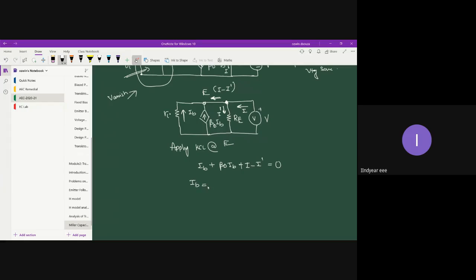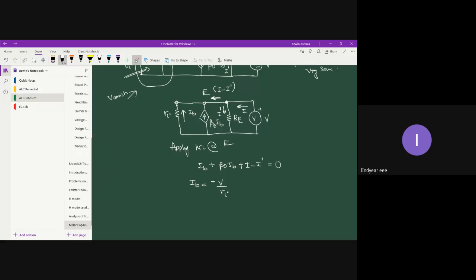But the expression for IB is already known. Expression for IB is basically V divided by Ri, and there's a negative sign, because the voltage across beta D IB is 0, right? Voltage across an ideal current source is 0.